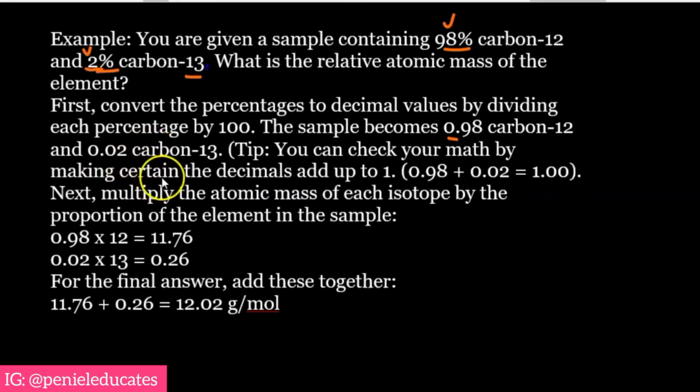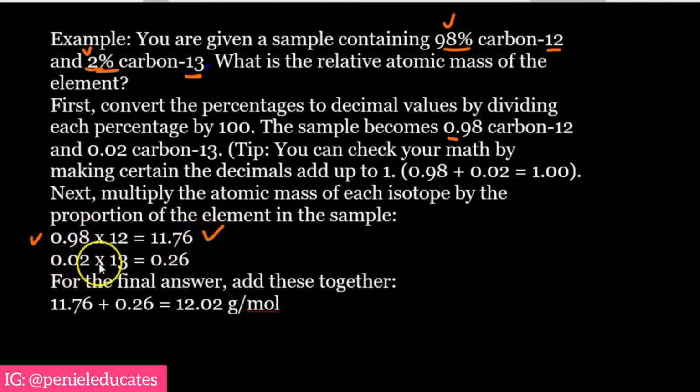So we need to multiply the percentage abundance with the mass of the carbon that we're given. We have the mass of carbon, that's 12, and carbon-13. So 0.98, which is the abundance of carbon-12, multiplied by 12, which is the mass, will give you 11.76.